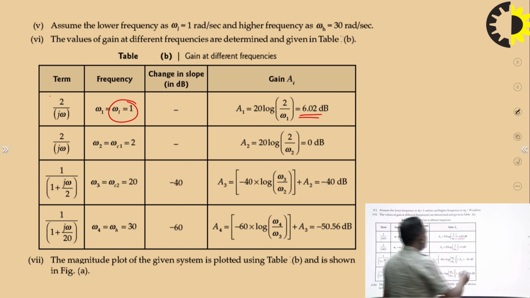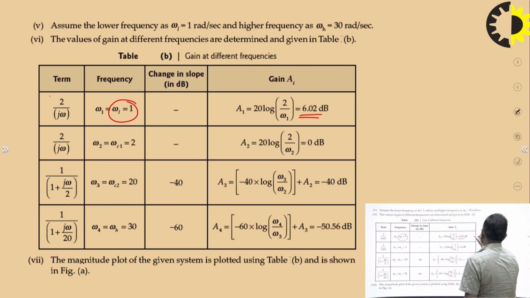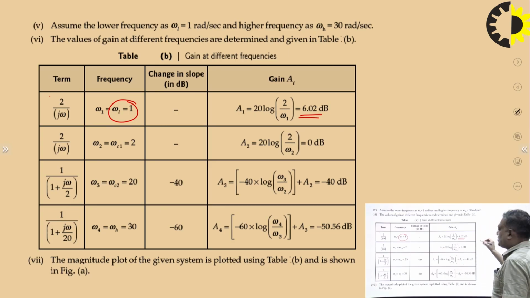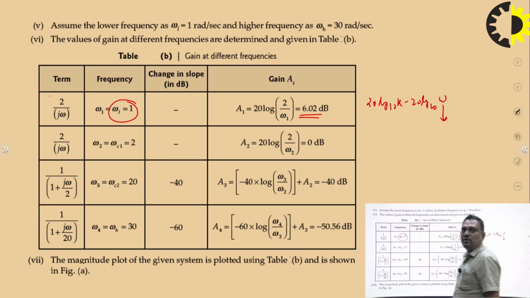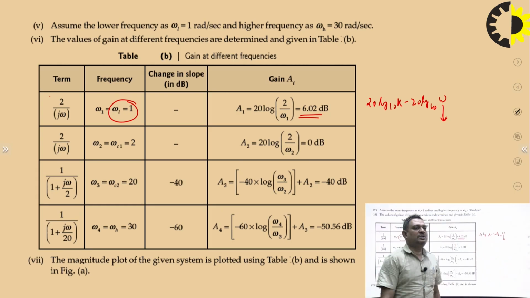Or you can say the initial point from which the Bode plot starts will be calculated by 20 log k minus 20 log omega, where omega is the starting frequency we have chosen. We can either choose it 0.1 or 1 generally. Here in this case 1 is chosen.